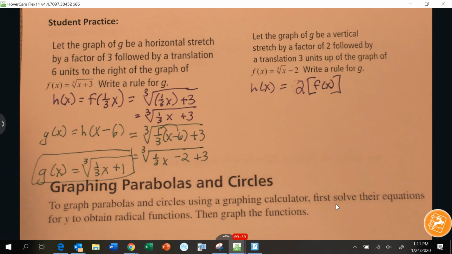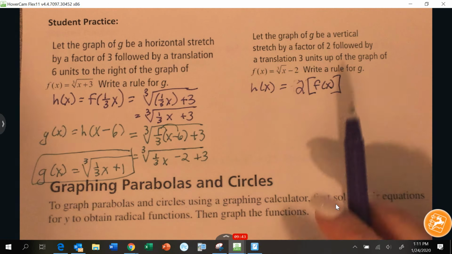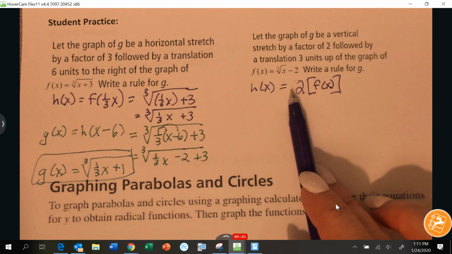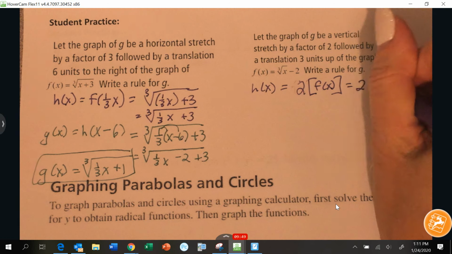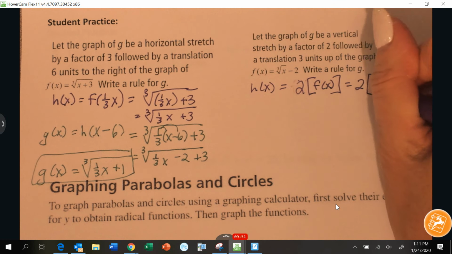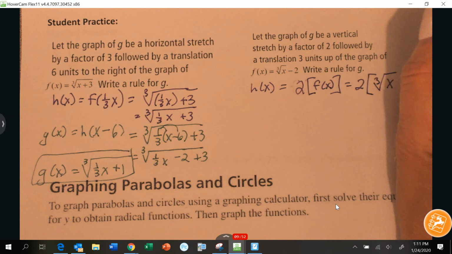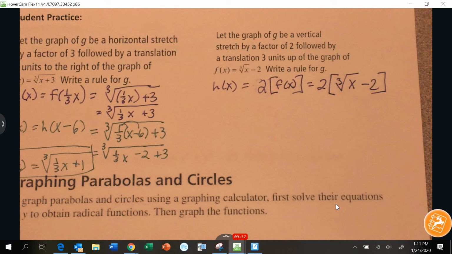See how I put it on the outside with those brackets? Because that's where vertical goes, outside. 2 bracket cube root x minus 2.